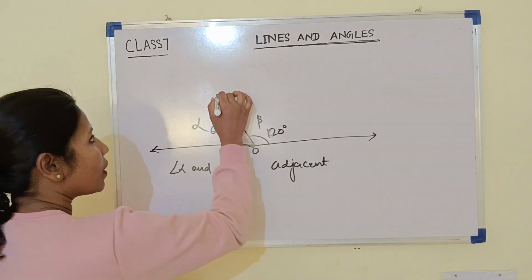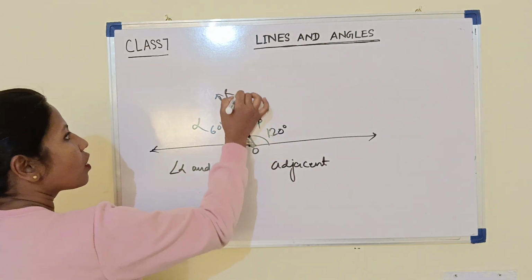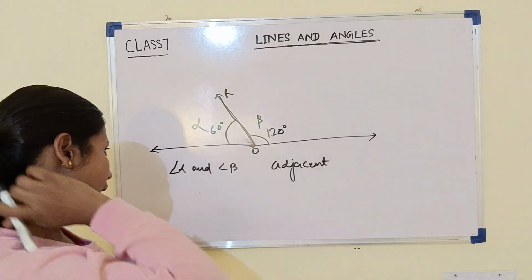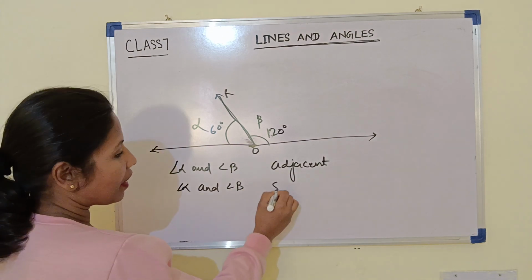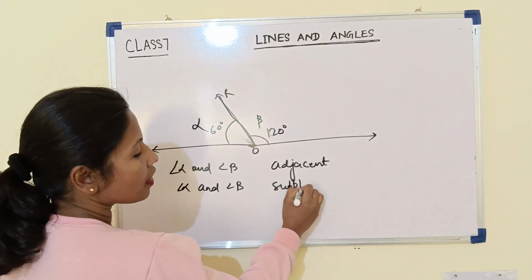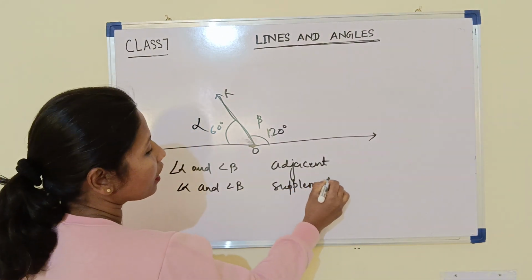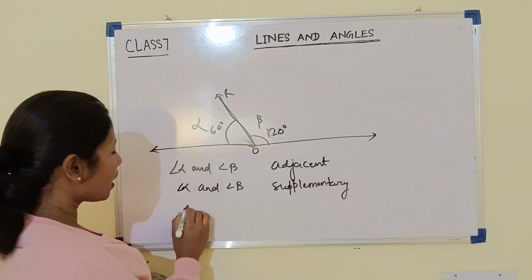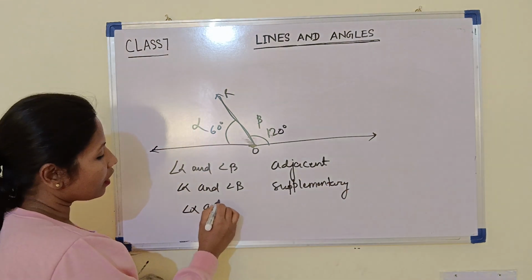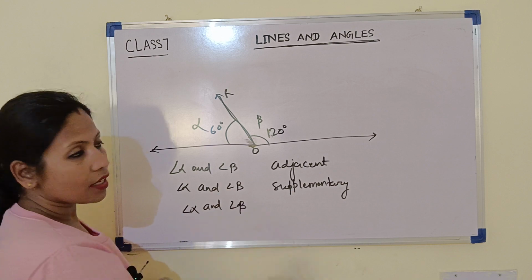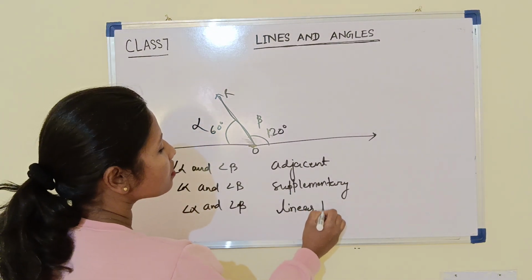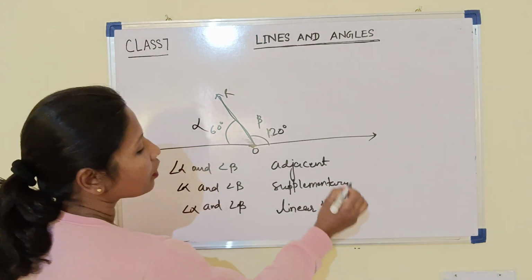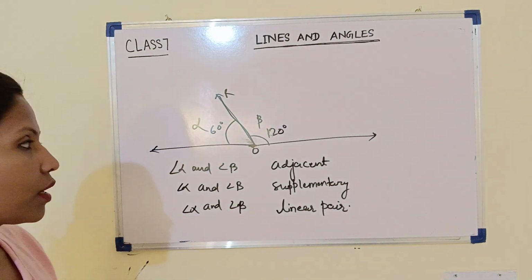This arm is common. Angle alpha and beta are supplementary. Why? Because their sum is 180 degree. Then angle alpha and angle beta are what? Linear pair. Why linear pair? Because they are adjacent and supplementary. So it will be a linear pair. Okay.